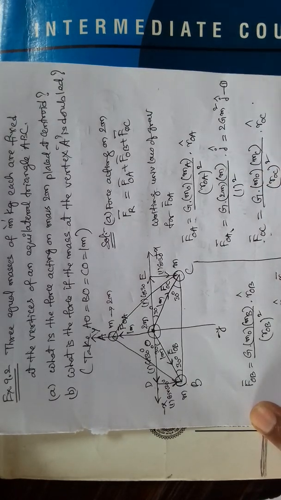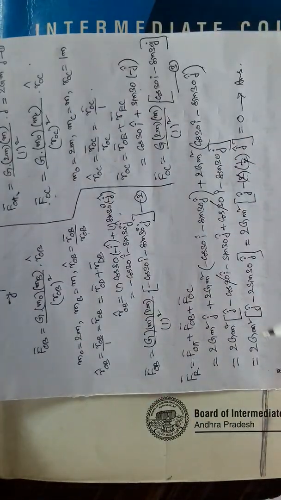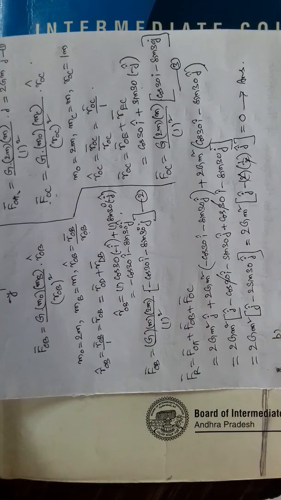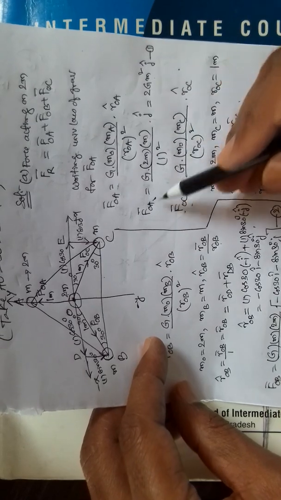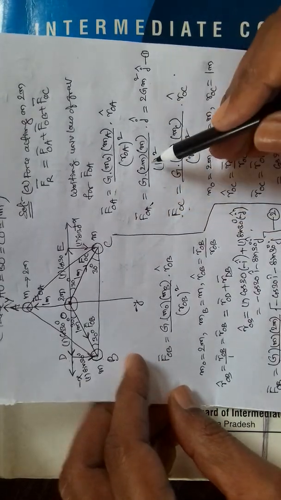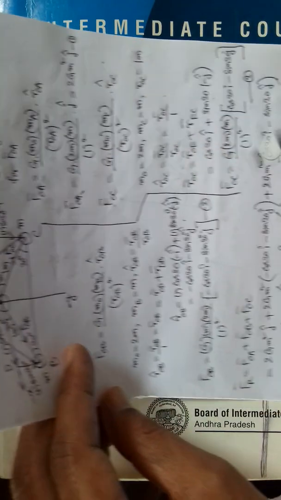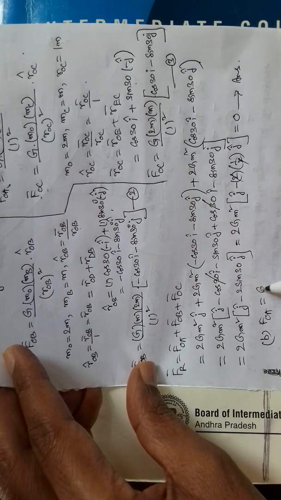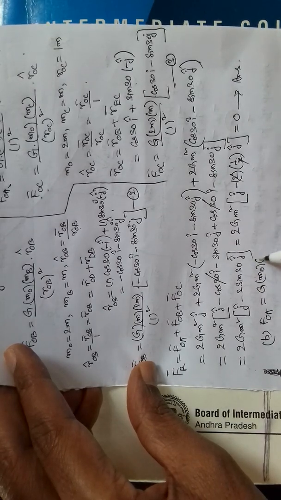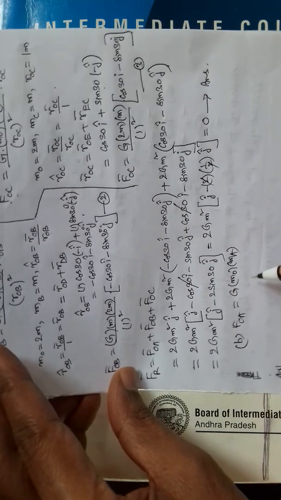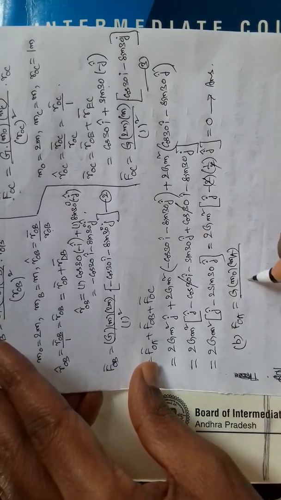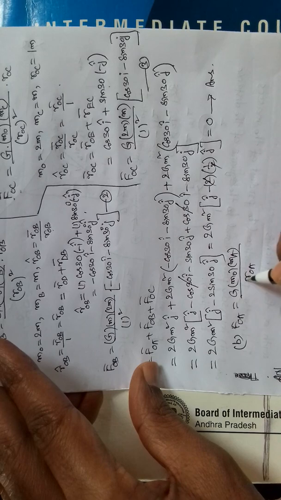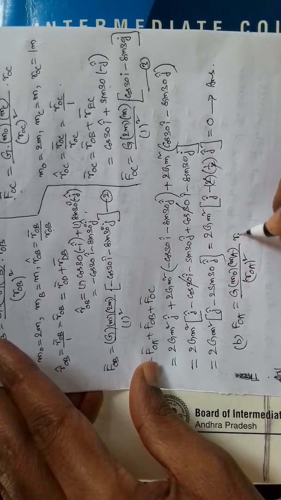Let us write FOA. FOA is equal to G MO MA by ROA square.